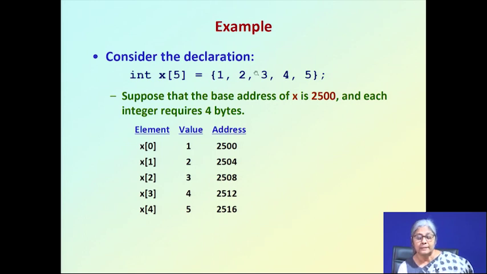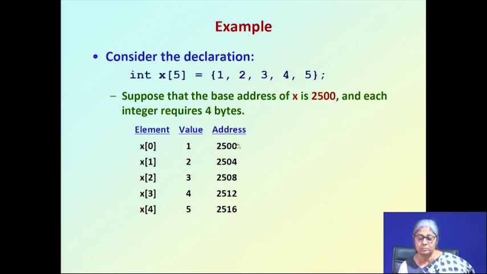So, the declaration int x[5] is an integer array and it has 5 values 1, 2, 3, 4, 5. Suppose that the base address of x is 2500 and each integer requires 4 bytes. So x[0] is 1, the first element of the array. What is the address? It is 2500.